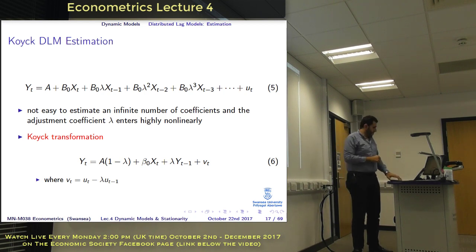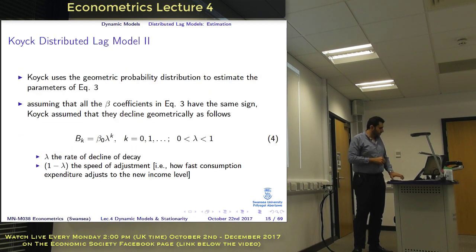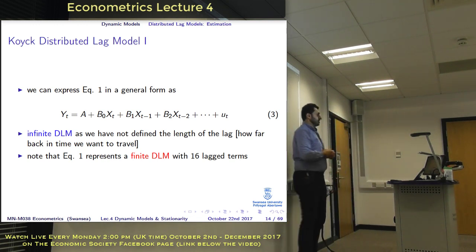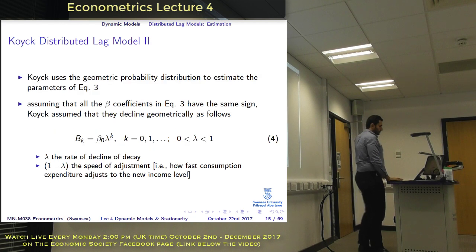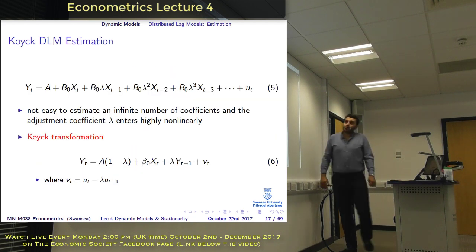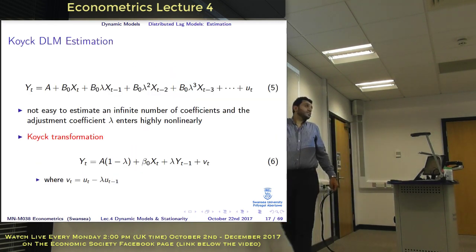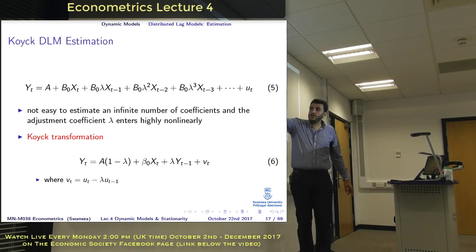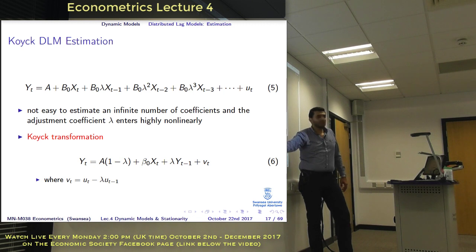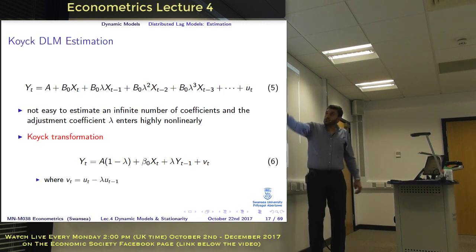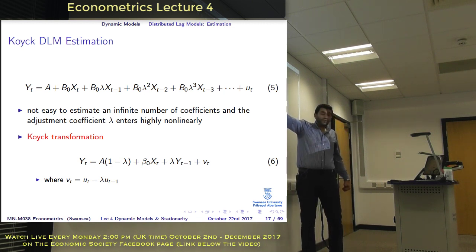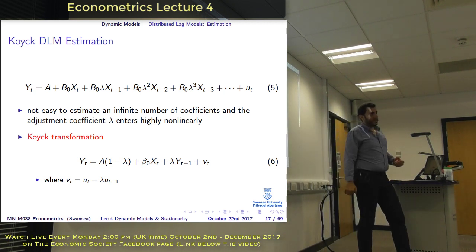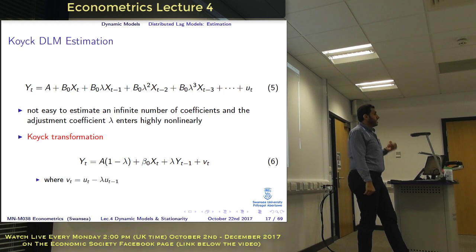In the original model here, you have an infinite number of parameters to estimate. But if we use this formula for the transformation, with another equation of y t minus 1, you multiply by lambda and subtract these from each other, then you come to this form. Transforming the model from this form to this form leaves us with 3 parameters to estimate instead of an infinite number.